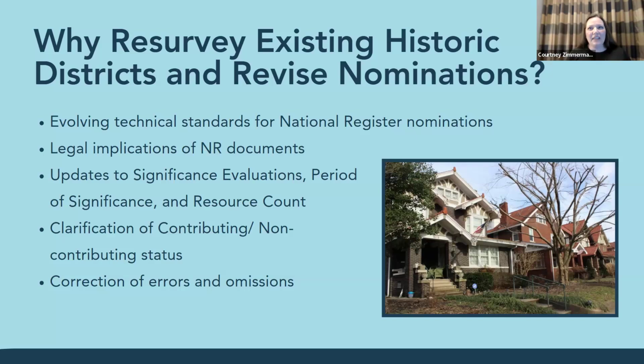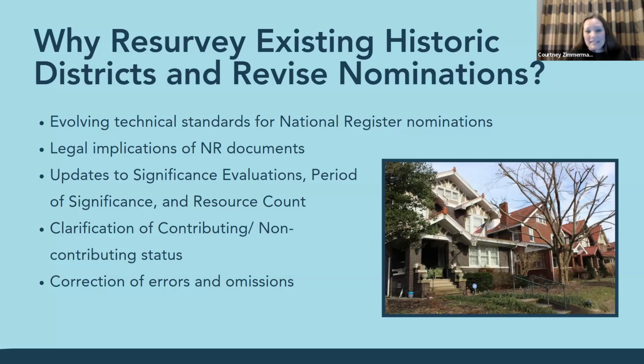We can't be too hard on our predecessors from the 70s and 80s, because I don't think anyone could have really imagined the legal implications and the sticky situations that we find ourselves in with National Register districts and properties nowadays.